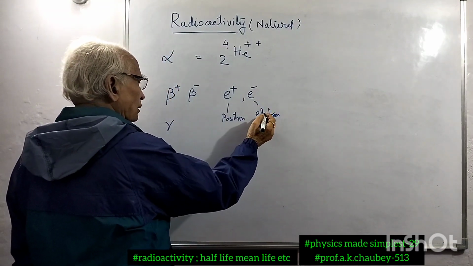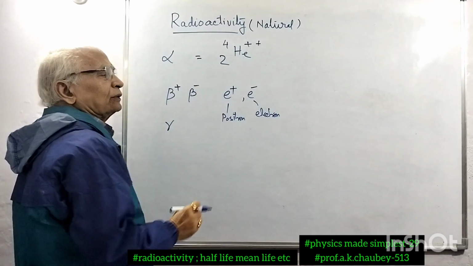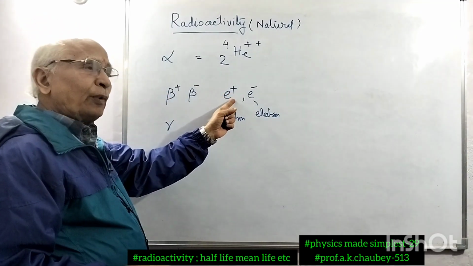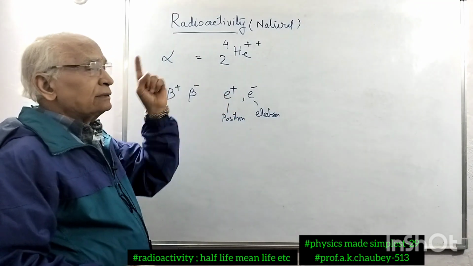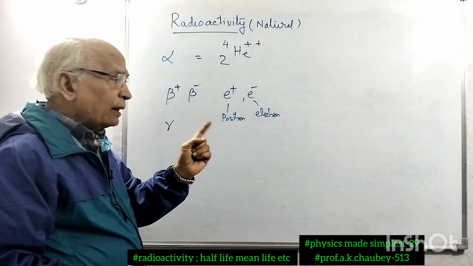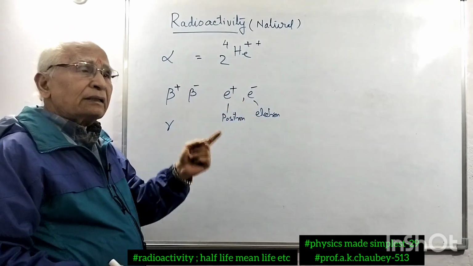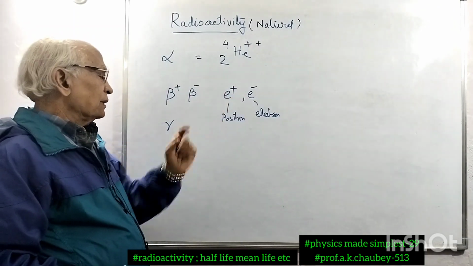This positron is the antiparticle of the electron. Beta positive has the same charge as the electron but positive, and its mass is the same as the electron mass. Electron charge is negative, and the masses are both the same.